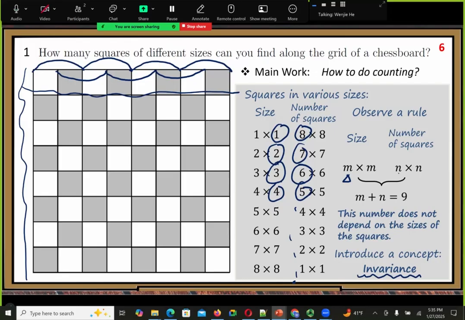Now, these two numbers adding together, m plus n equals a constant 9. And this equality holds for all the sizes. That's the reason we call it the invariance property.